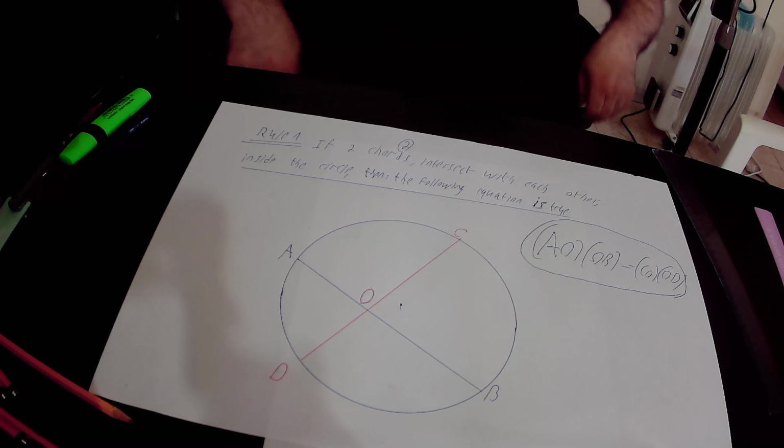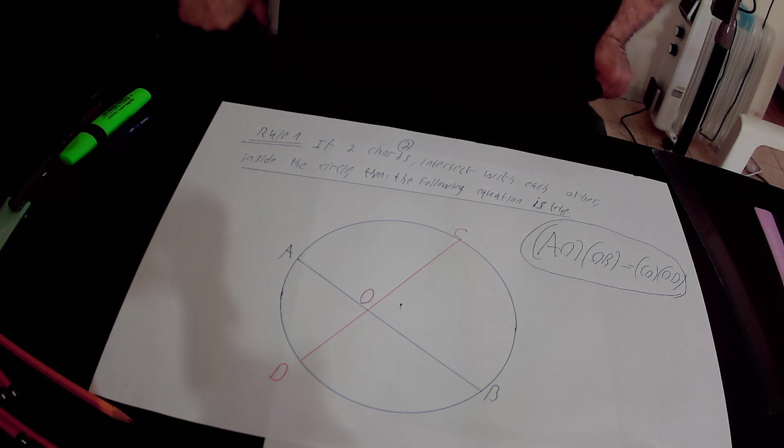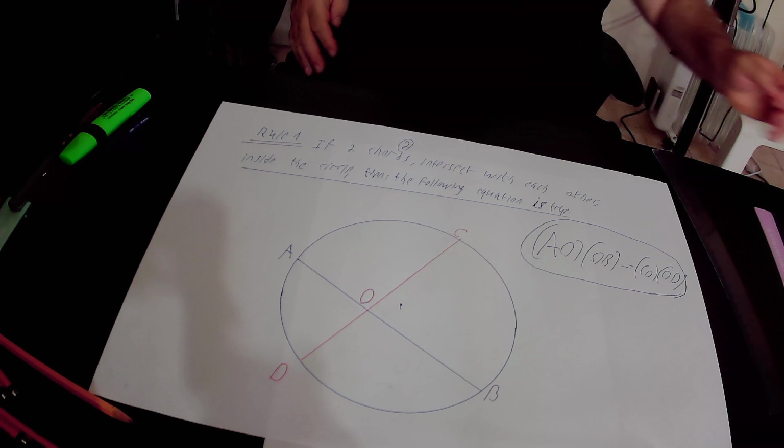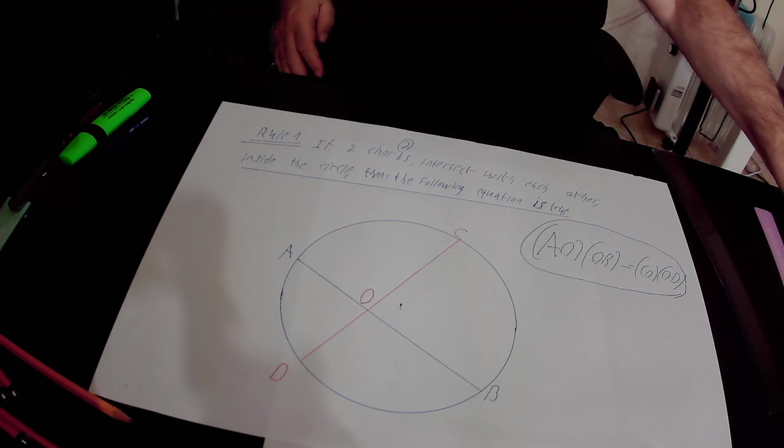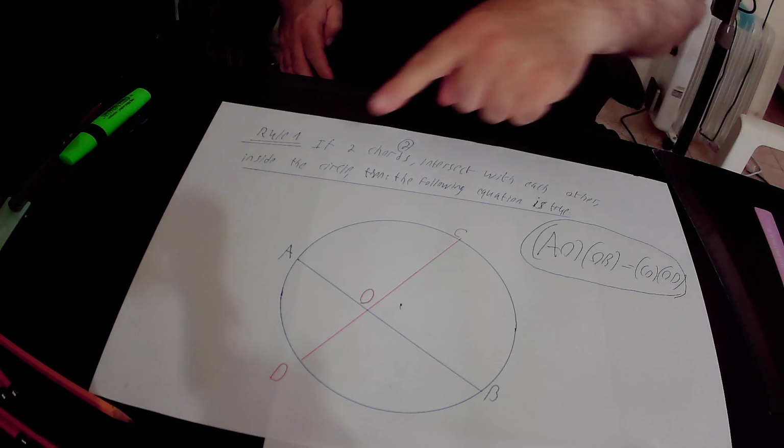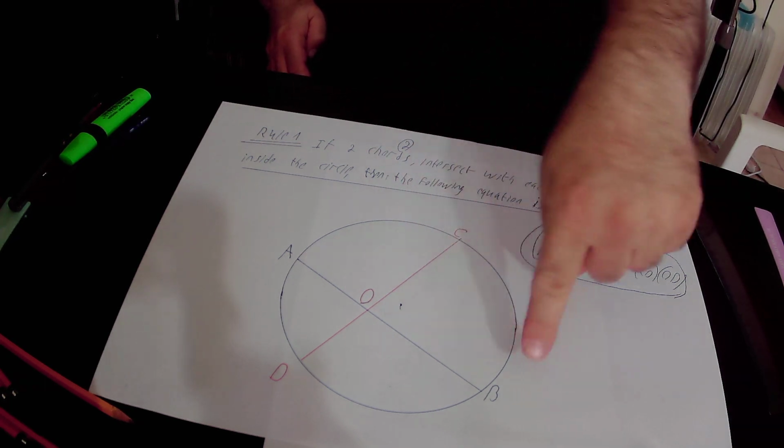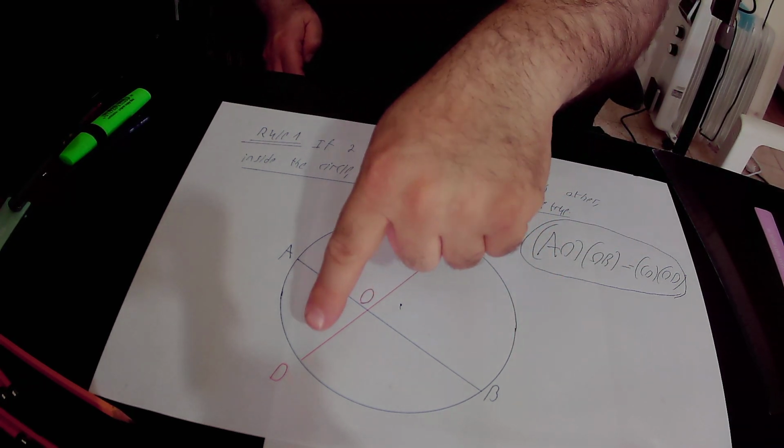According to rule number 1, if two chords intersect with each other inside the circle, then the following equation is true: AO times BO equals CO times DO.